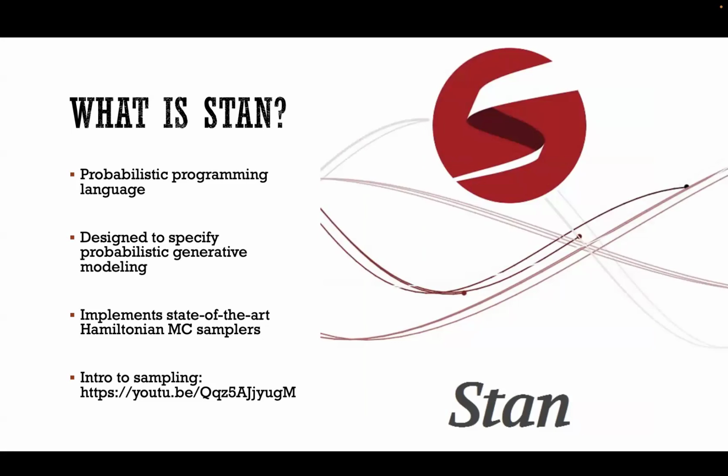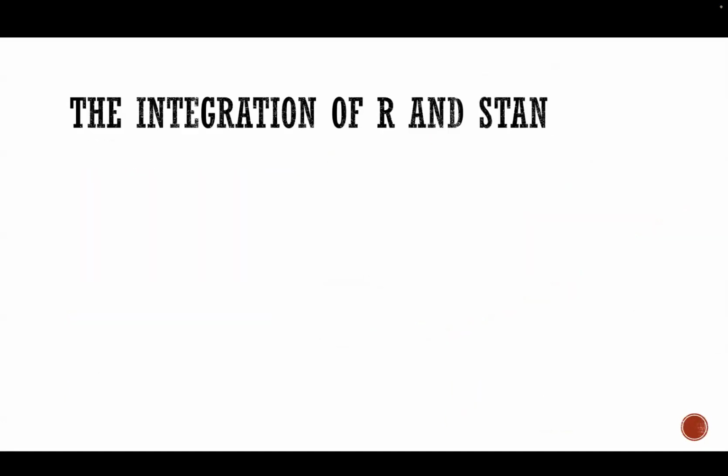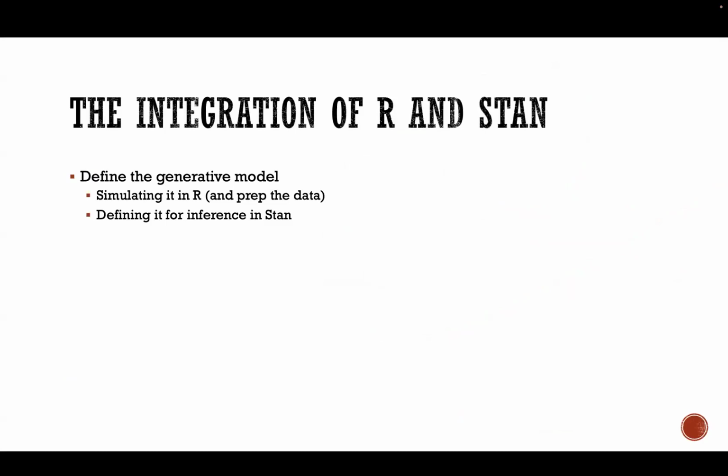And the great thing about Stan is that, instead of using older versions of Monte Carlo simulations like BUGS and JAGS, it actually implements the state-of-the-art Hamiltonian Monte Carlo simulators, which are really good at most of the tasks you want to do. We can discuss the samplers a different day, because now I want to go into more detail on the way that we integrate R and Stan, or Python and Stan, because I know some groups are working in Python. We define the generative model.